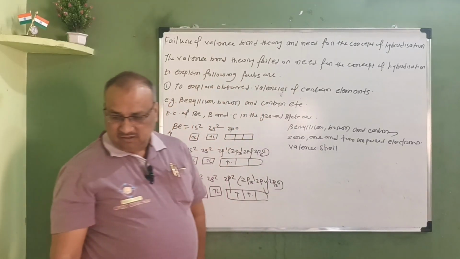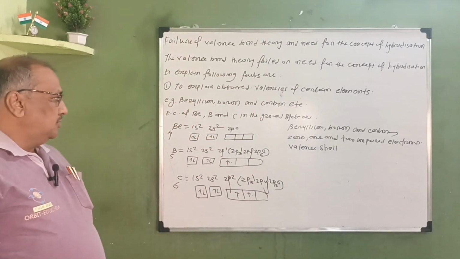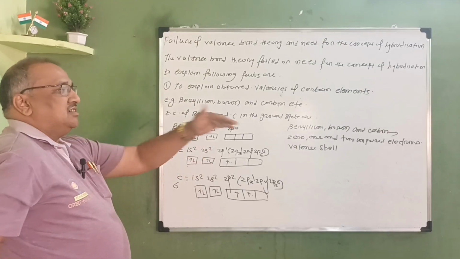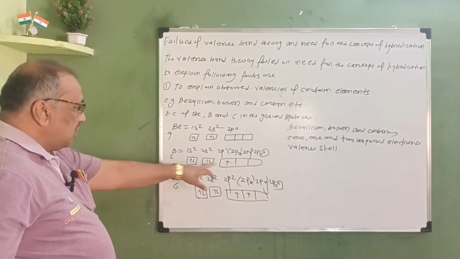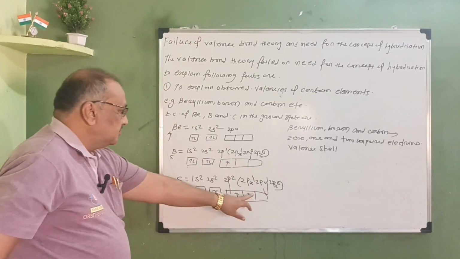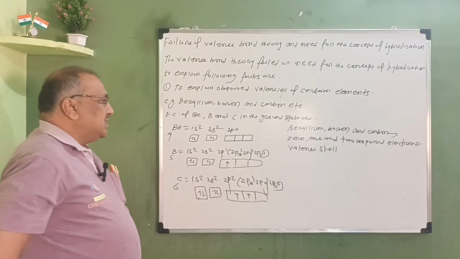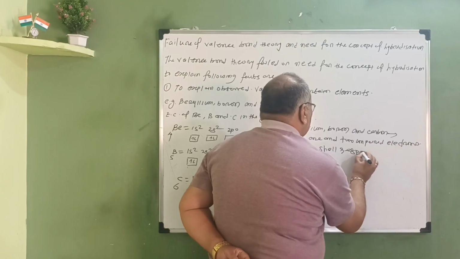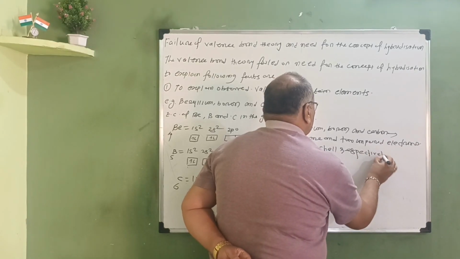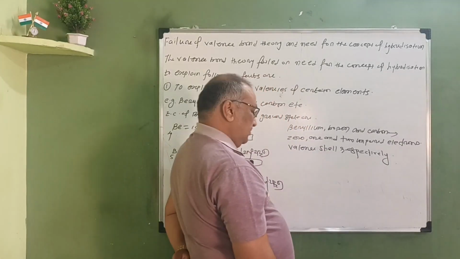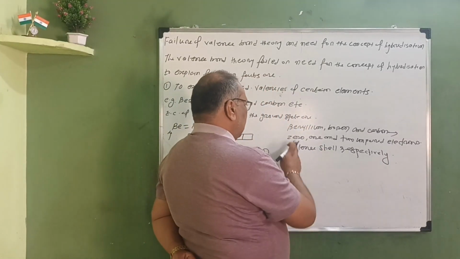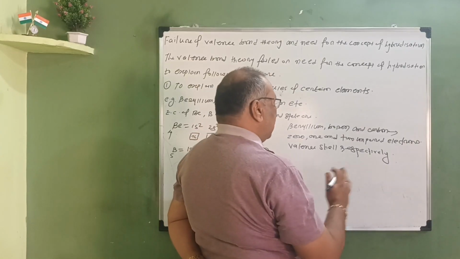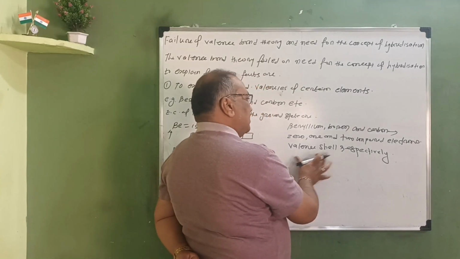Now listen here. Beryllium has no unpaired electron, boron has 1 unpaired electron and carbon has 2 unpaired electrons. Here you can use the word respectively. That means beryllium, boron and carbon contain 0, 1 and 2 unpaired electrons in the valence shell respectively.